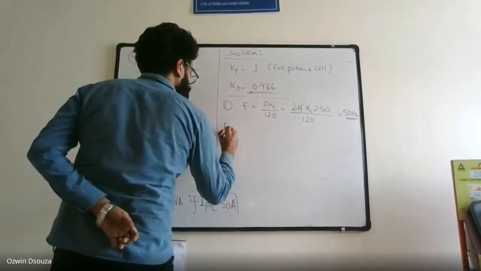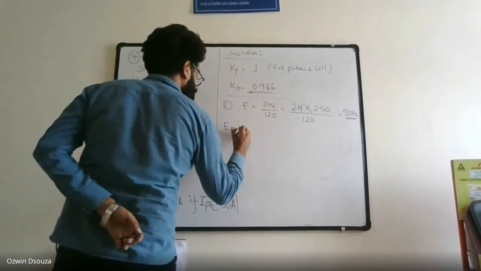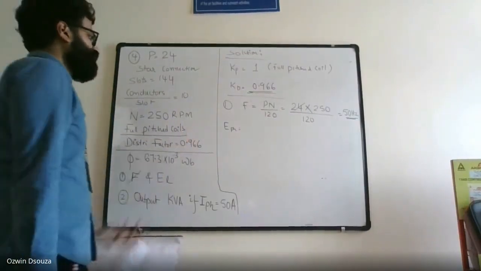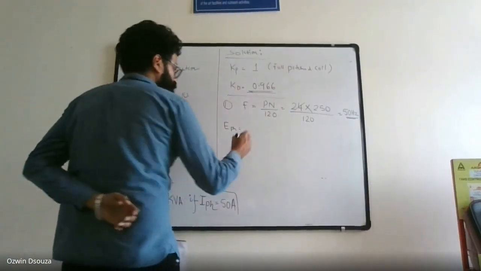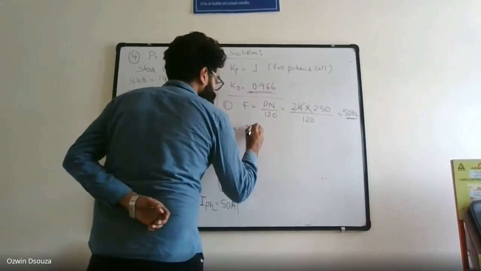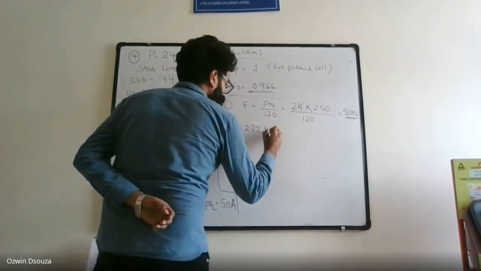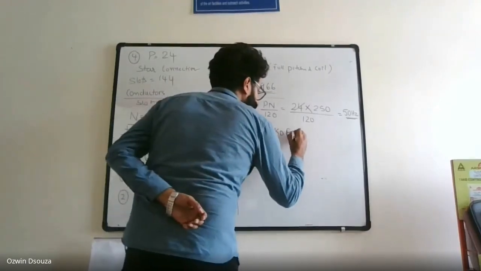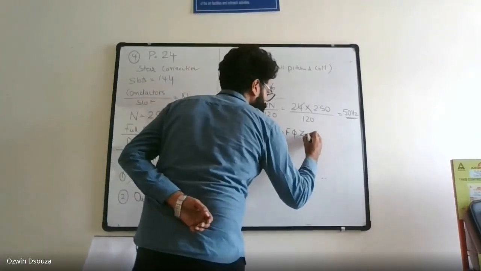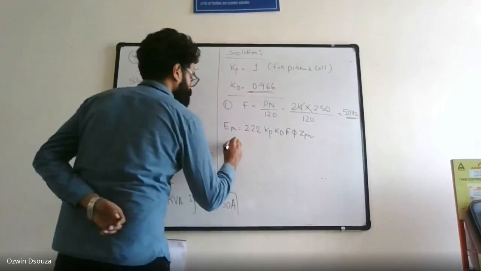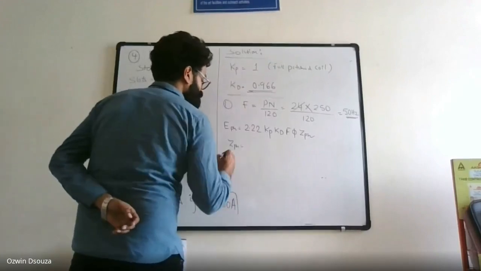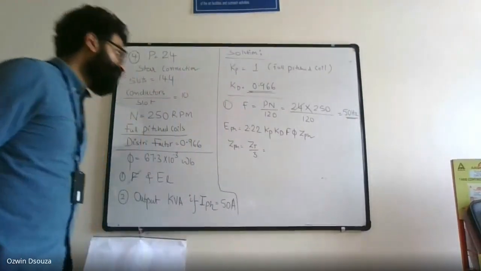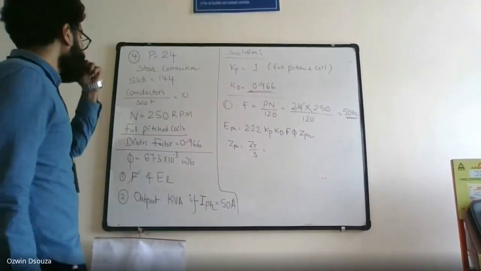Once frequency is found, you can find out the phase voltage. After phase voltage, you can find out the line voltage. So phase voltage is 2.22 kp kd f into phi into Z phase, where Z phase is equal to Z total divided by 3. And what is Z total?